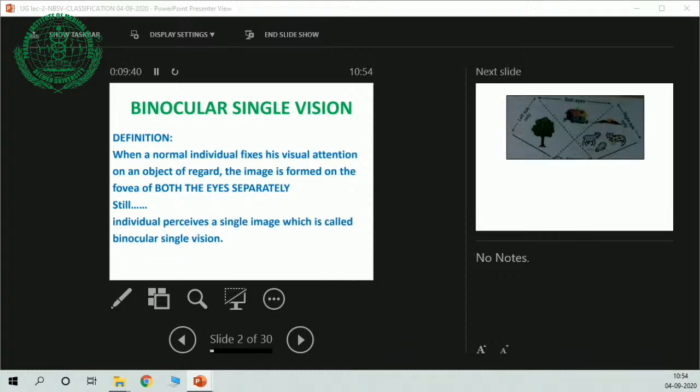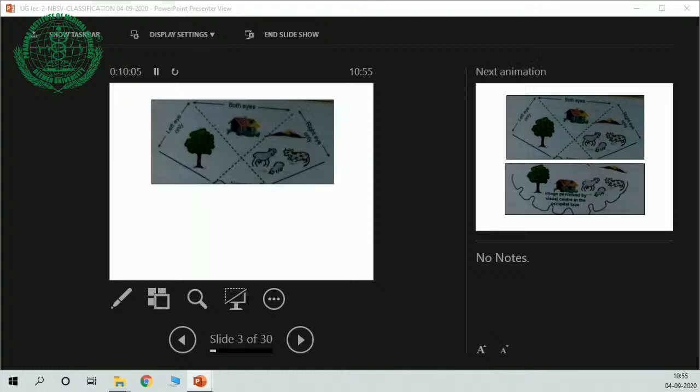Still, the individual perceives a single image, which is called binocular single vision. So in both eyes, dissimilar images are formed on the fovea. However, a person perceives a single vision, and both eyes are involved, and that is why it is called binocular single vision. Is that clear? Yes. So now we will go next.